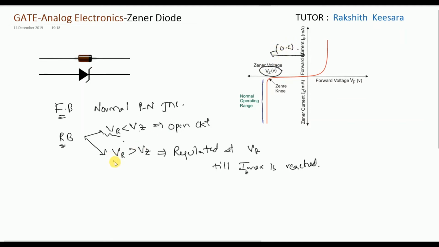But when VR is greater than Vz, the voltage across the Zener is regulated to Vz. It will not change. It regulates the voltage to Vz till Iz max is reached. If we increase VR more, the current through the Zener will increase, but Vz is limited, regulated. When the current crosses Iz max, it will be damaged. This is called the knee current, guys.